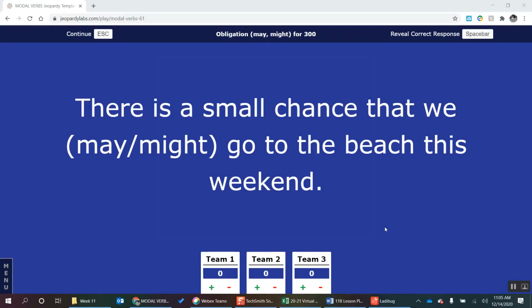So you could say, we may go to the beach or we may go to Six Flags. 50-50, right? Or you could say, in this sense, it's more like, what are you going to do this weekend? I don't know. We might go to the beach, right? There's no plan. It's like a small possibility, okay? So might is the answer to that one.